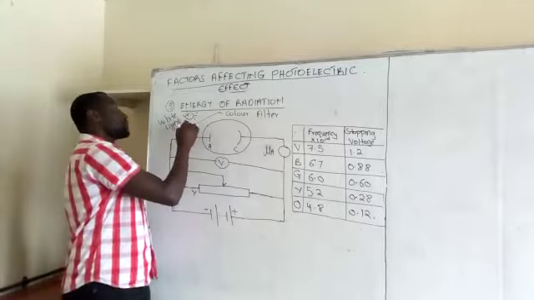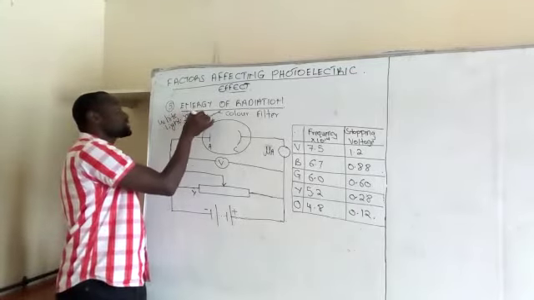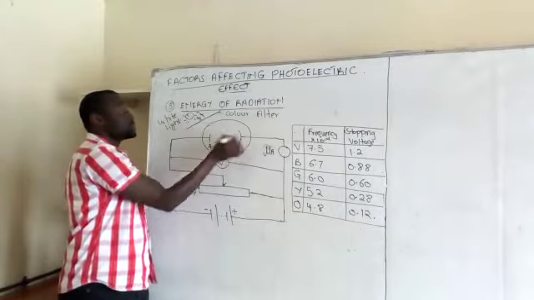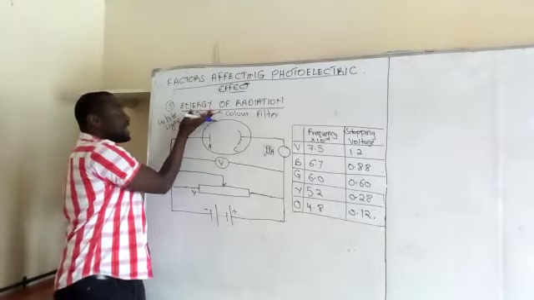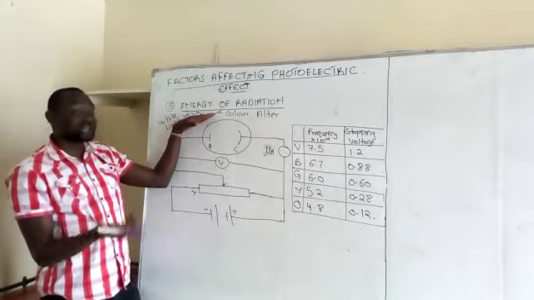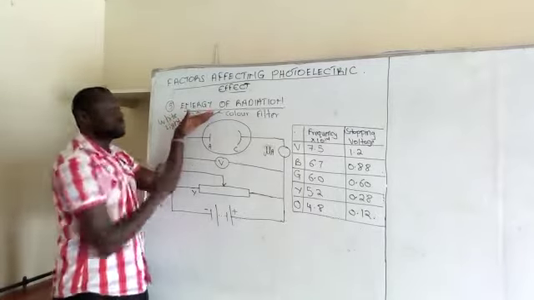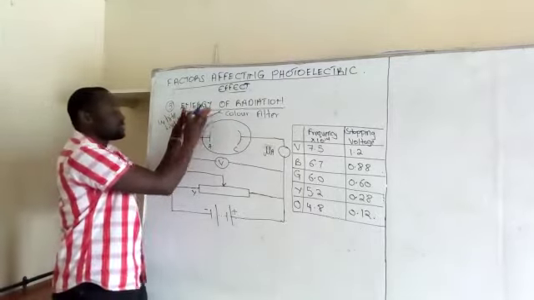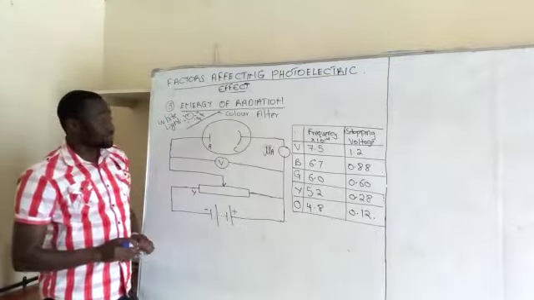Then we are going to have a color filter where we'll shine different radiations onto the metal plate. And for each and every color, for example, you can have red light, you can have a blue filter, it will give us the blue radiation. We can have the yellow filter, it will give us the yellow radiation.